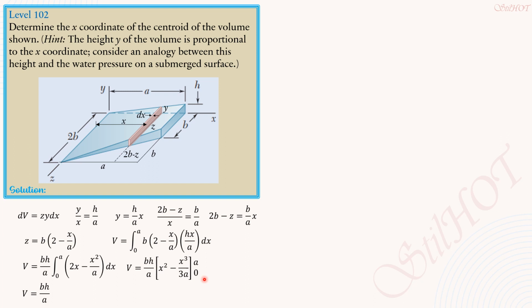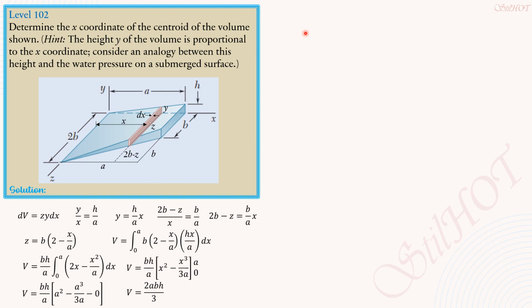So volume equals bh over a times the quantity a squared minus a cubed over 3a, minus the lower limit 0. So 1 minus 1/3 is 2/3. Therefore, the volume is 2/3 abh. So that's the volume of this solid.